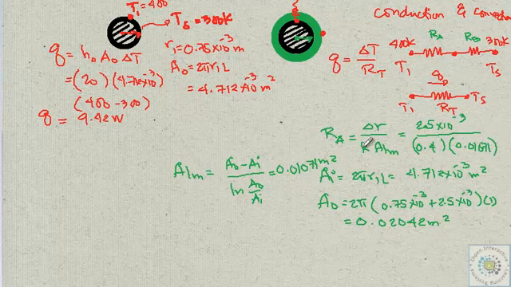That will give me RA, the resistance of this insulation. It's equal to 0.58. Okay, wait, doesn't look good.